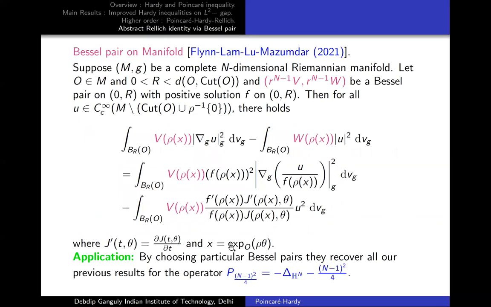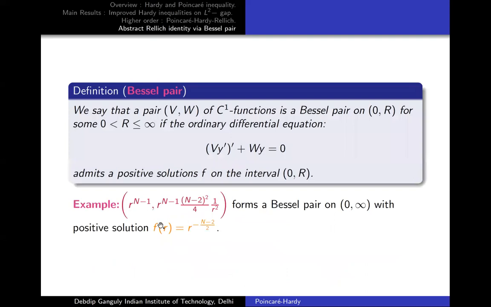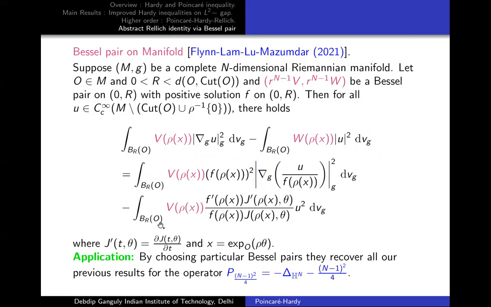In particular, for particular choices of V and W, they recovered all the existing Hardy inequalities using this abstract inequality. Of course, this includes our Poincaré and improved Hardy inequalities. Everything they have obtained using this Bessel idea, the Bessel equation on the Riemannian manifold.